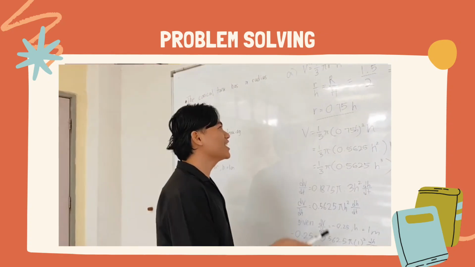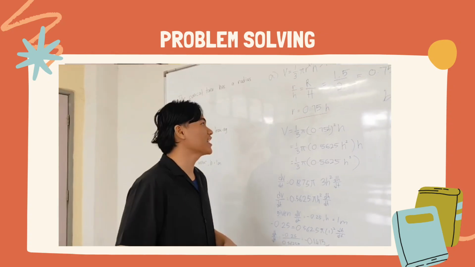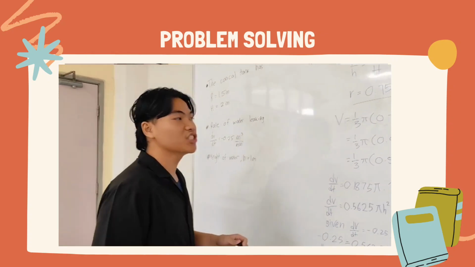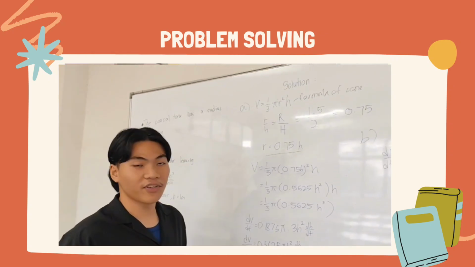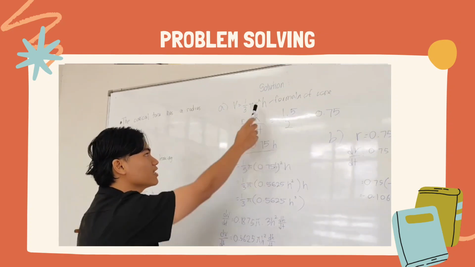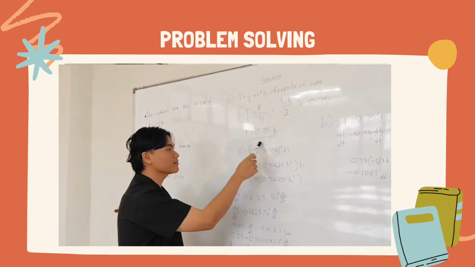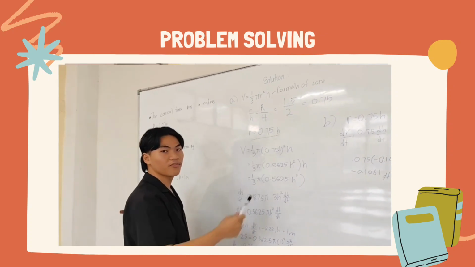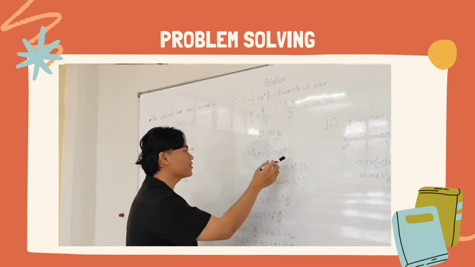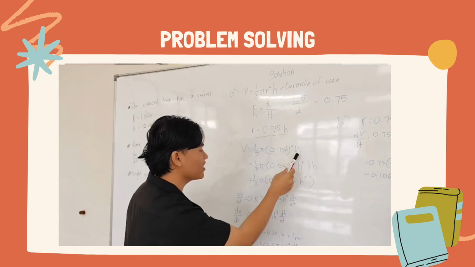As the question asks, we need the formula of a cone, which is one over three pi r squared h. Then we use the geometry of the cone, r over h, to find r in terms of h, to substitute it into the formula. When we get the value of r in terms of h, we substitute it into the formula and square it.